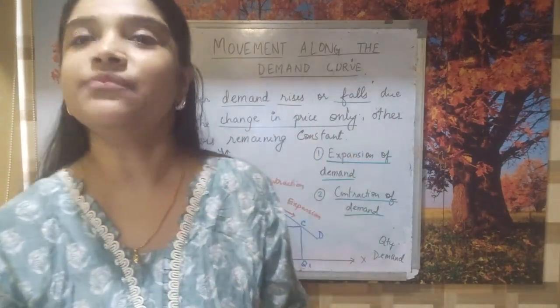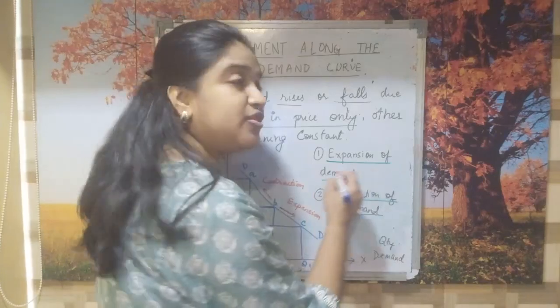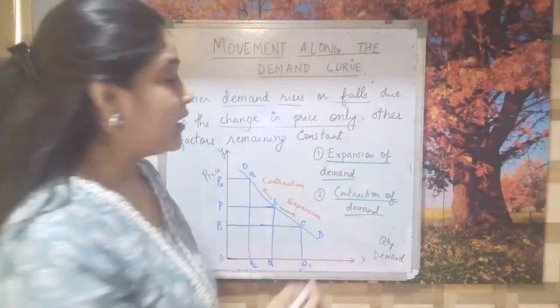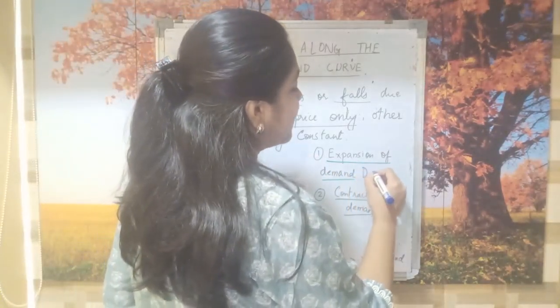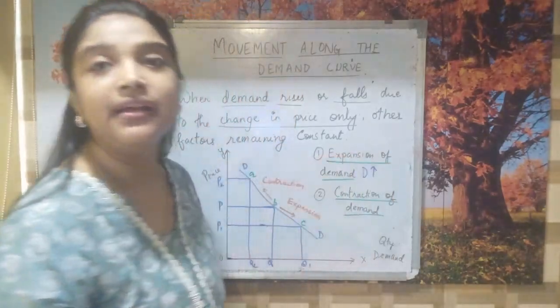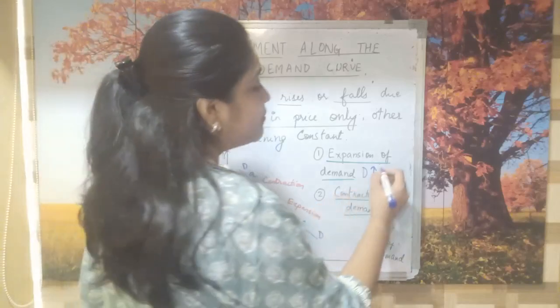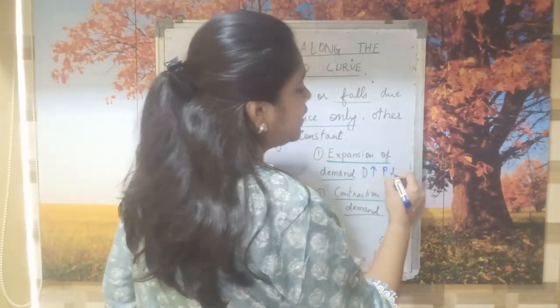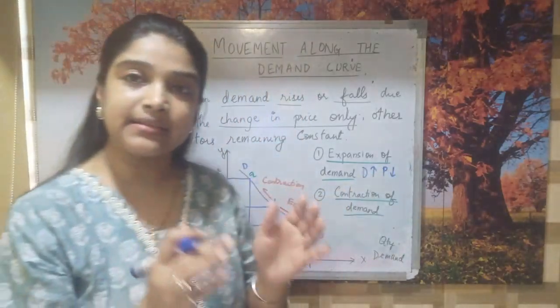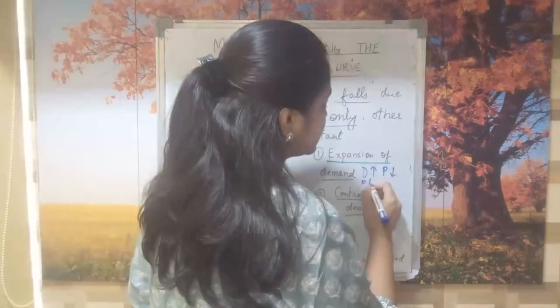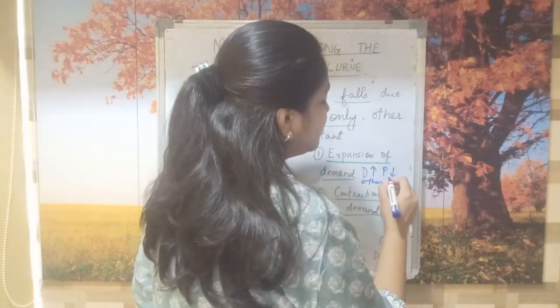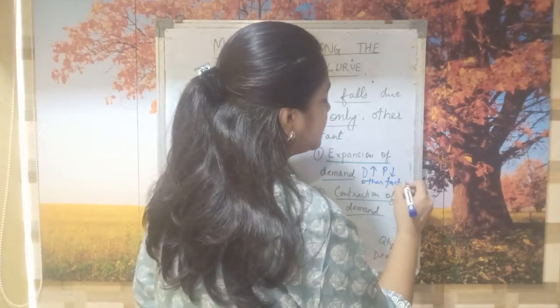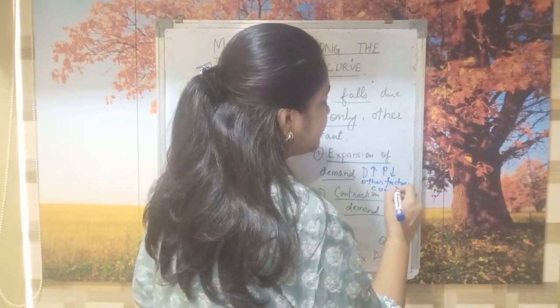Because the price falls. So expansion of demand is a concept wherein there is a rise in demand because there is a fall in price. Other factors will remain constant.